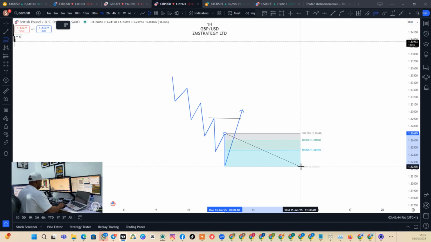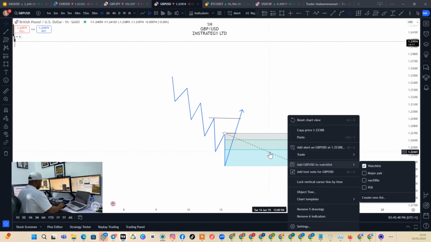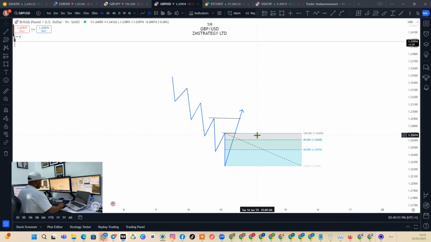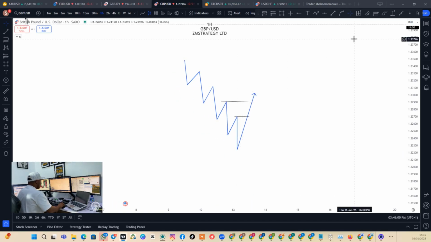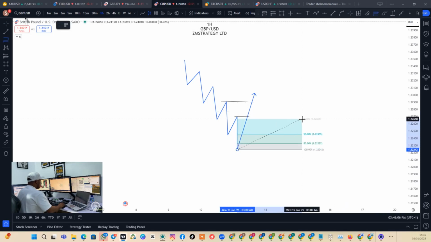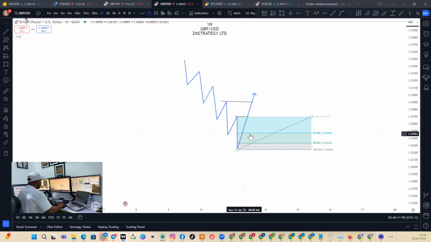You can measure from here, let's say from here. So now we are waiting for the market to come to either the 50% level, which is the discount level, or the premium level, which is the 80%.